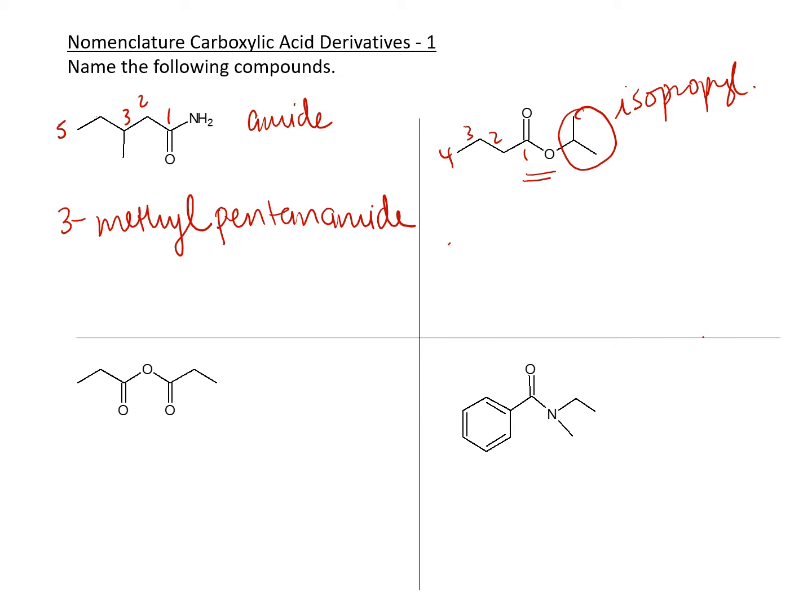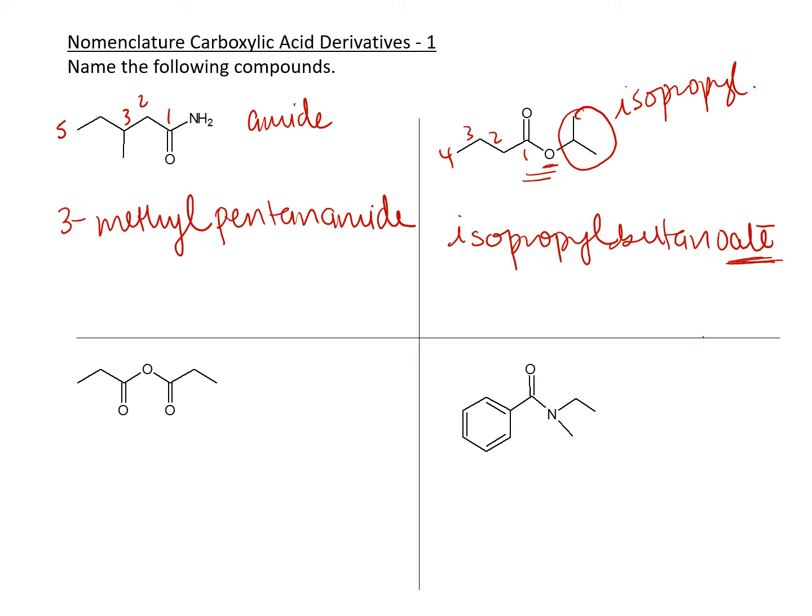So this is going to be isopropyl butanoate. All esters end in -ate. It tells you it's kind of a salt thing, so the ate tells you that there is a salt over here, and the salt is the ester. So always remember, whatever is attached to the oxygen goes first.